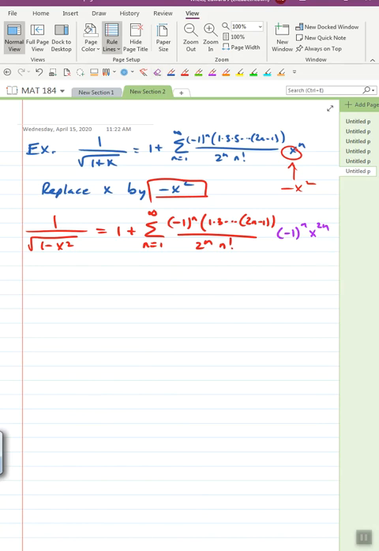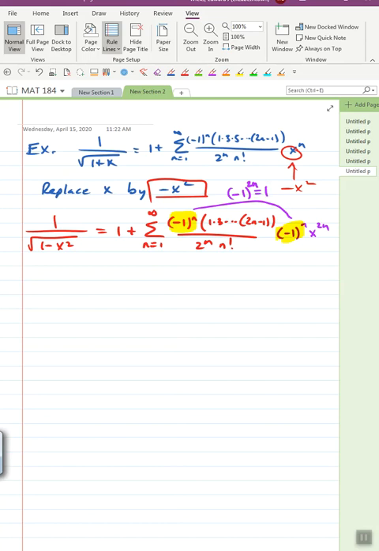Question, what do you get when you put this together with this? You get negative 1 to the what? If you multiply those together, yeah, which is 1. Okay, good.